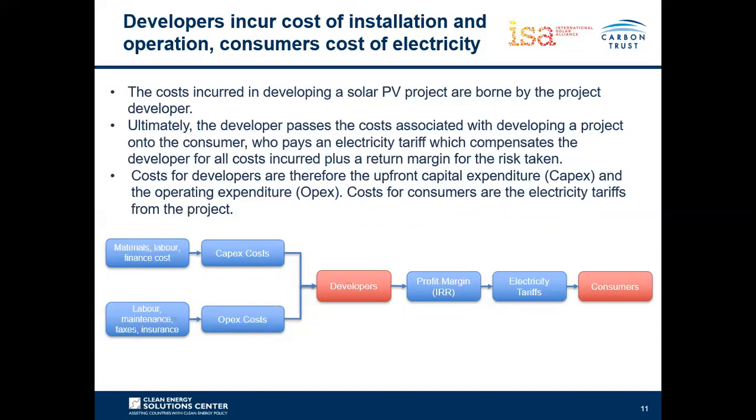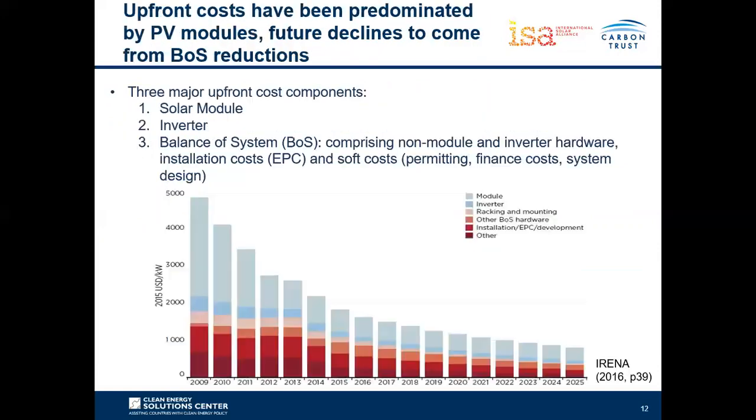And on top of these costs, the developer needs a return on their investment in the form of a profit margin or an internal rate of return that compensates them for the risk taken by developing the project. And this profit margin is calculated and worked into the electricity tariffs that are then sold on to the consumers. So the cost to the consumers is just the electricity tariff, but the cost to developers are the CapEx and the OpEx costs.